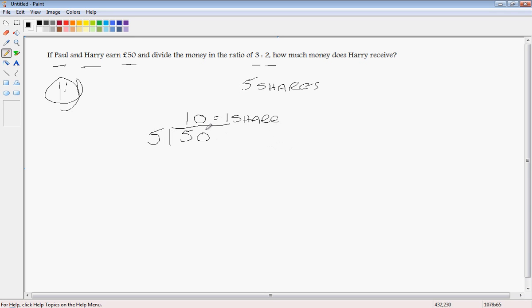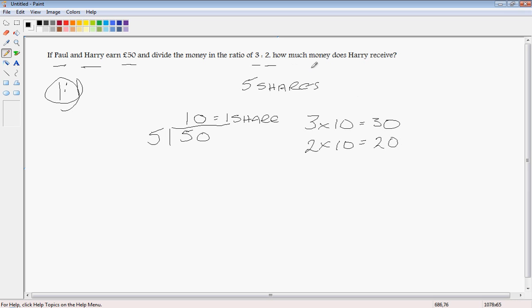Now if that's the value of 1 share, Paul has 3 shares. So Paul would receive 3 lots of £10, which would be £30. Harry would receive 2 shares, so he would get 2 lots of the £10, so he would get £20.